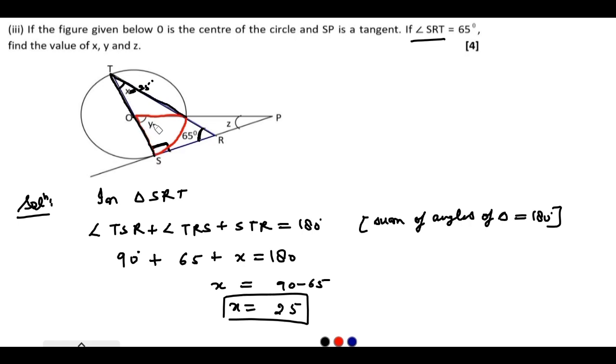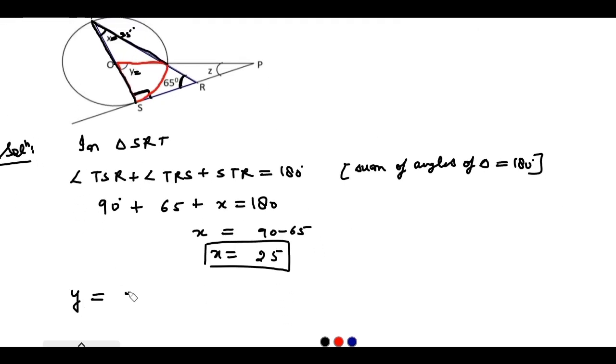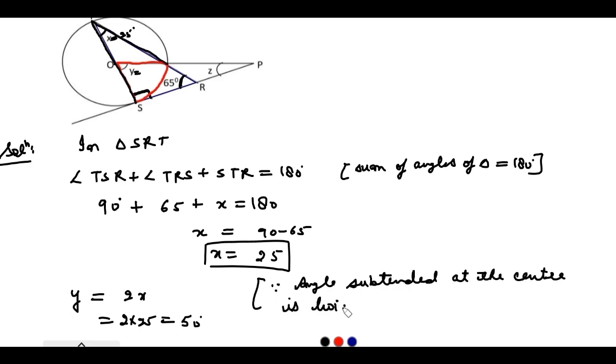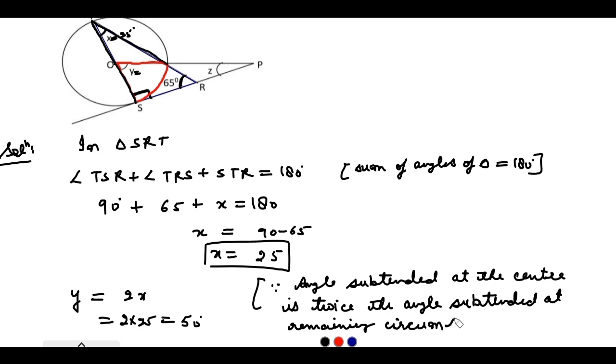It means y will be double of x, since the angle subtended at the center is twice the angle subtended at the remaining circumference if the arc is the same. y is equal to 2x, means 50 degrees.